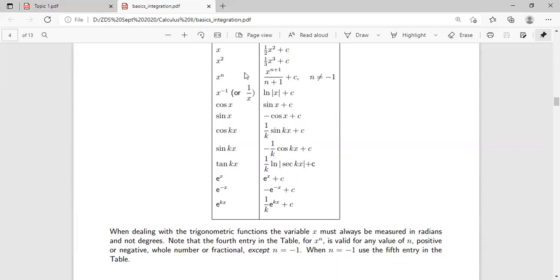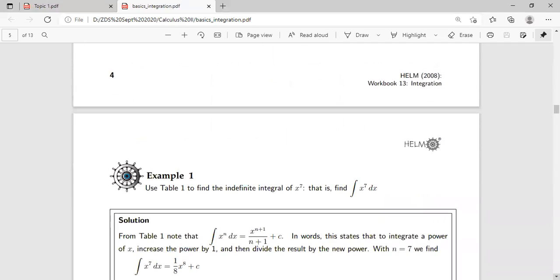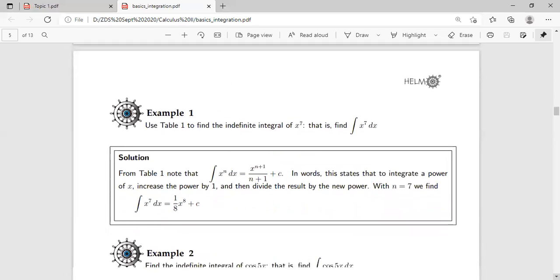So it will be x raised to 7 plus 1, which is x raised to 8, all over 8, plus c. If we simplify that, it will be 1 over 8 x raised to the power of 8 plus c. So kindly know that we'll be using all these rules all along.